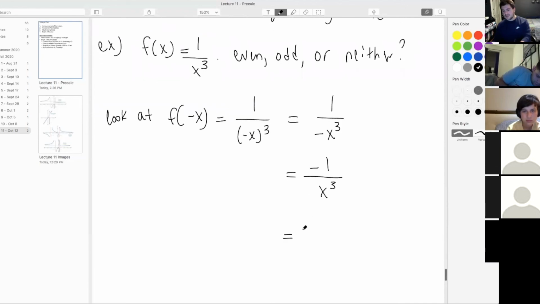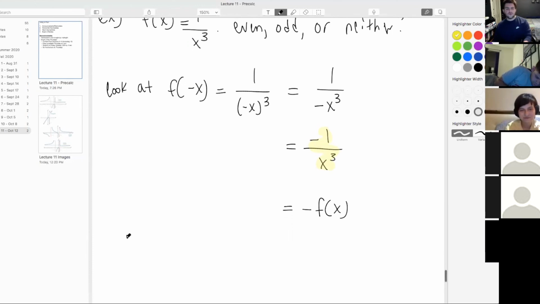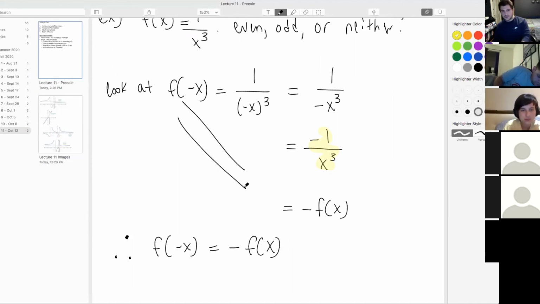And you should notice, look, there's the minus sign, and what's left is f of x. So we just figured out that f of minus x is equal to negative f of x through these chains of equal signs. So it's odd, right? That's the definition of odd.